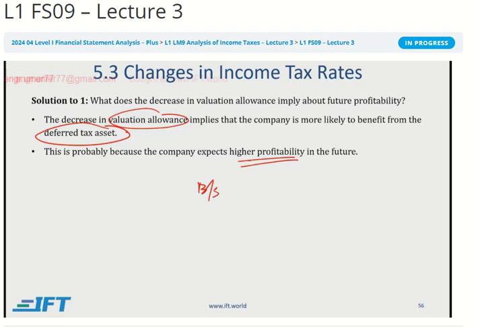Let me explain this again, by the way. So sometimes what happens is that we record a deferred tax asset, which means we've paid more tax. We've like prepaid our tax, right? We've prepaid tax, and therefore we record this asset.